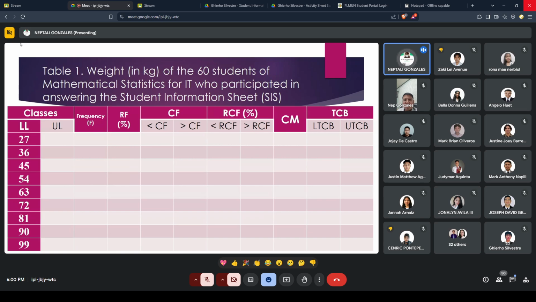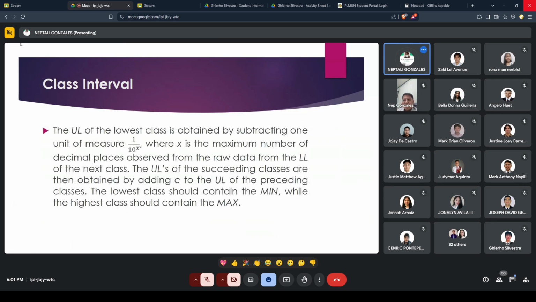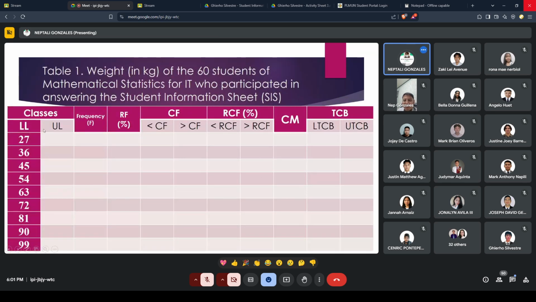Next is computing the upper limit. To compute the UL, or the upper limit of the lowest class, the lowest class is the first class. This is the first class, second class, this 36, third class, 45, fourth class, 54, 63, up to 99, which is your ninth class.